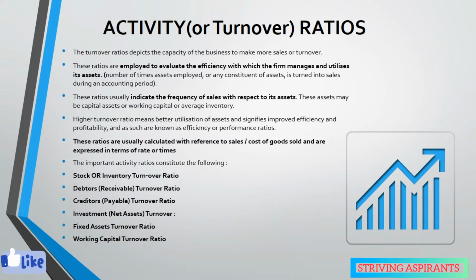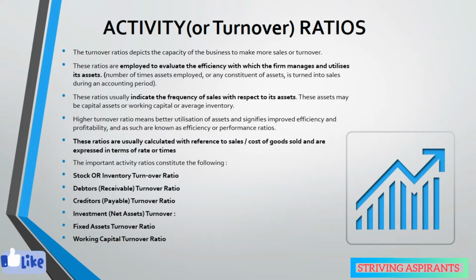If we have a higher turnover ratio, we can say there is better utilization of assets in an organization, which signifies improved efficiency. Because of that, it is also called efficiency or performance ratios. And the effective utilization of assets will lead to better profit for the organization.